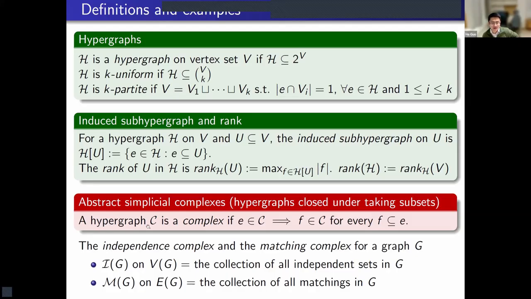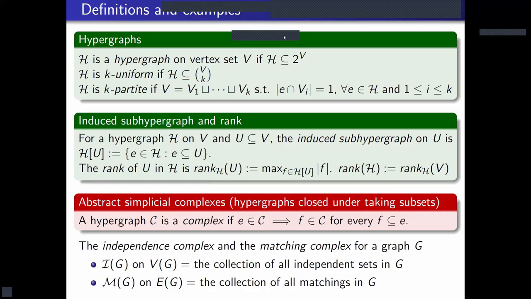A hypergraph C is a complex if it is closed down under taking subsets, which means if you have an edge E contained in the hypergraph C, then any subset of the edge is also contained in C. I see someone raise a hand. Is there a question about this definition?